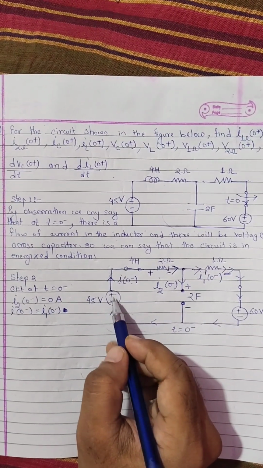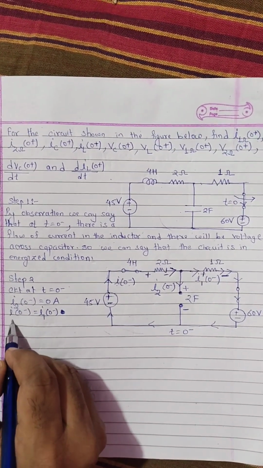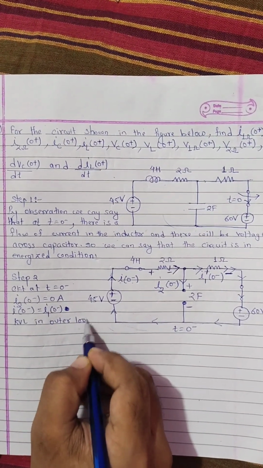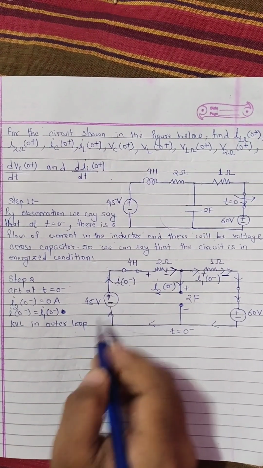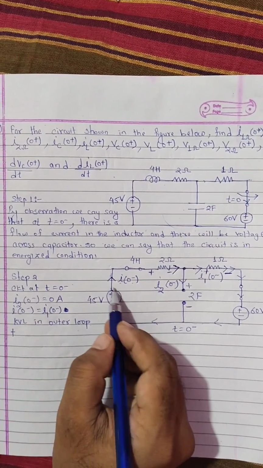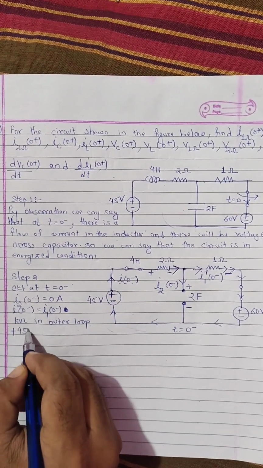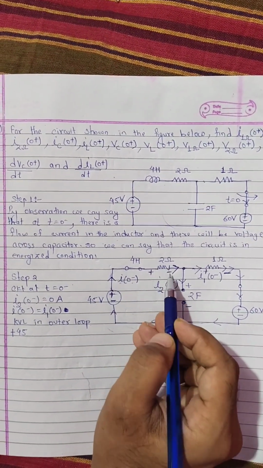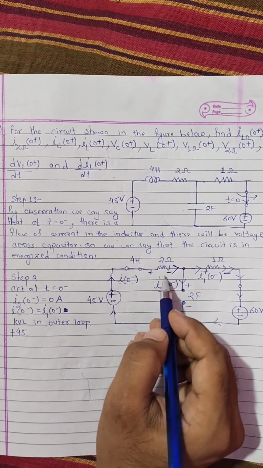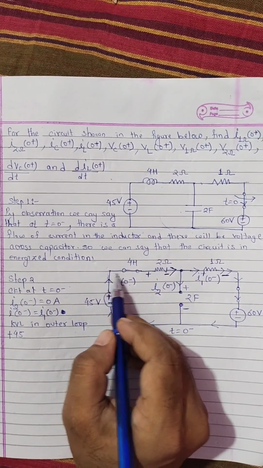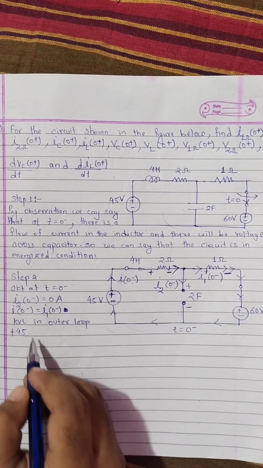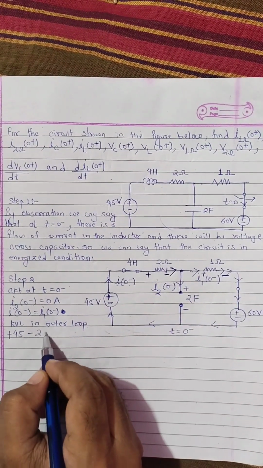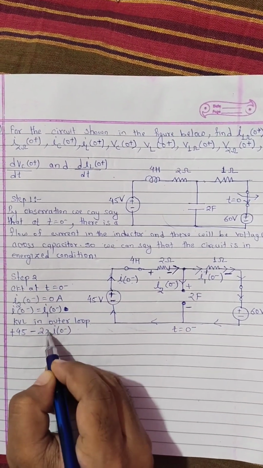KVL in the outer loop: if we move from minus to plus, this will be plus, and the value of this voltage source is 45. If we move from plus to minus, we get minus, and the drop in this 2 ohm is 2 into I0 minus.